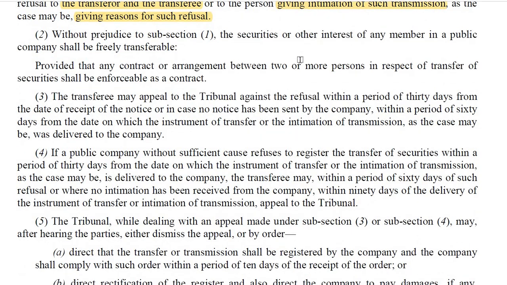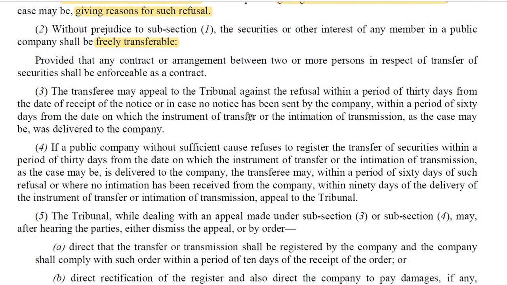Without prejudice to subsection, the securities or interest of any member in a public company shall be freely transferable. In private company, it's not freely transferable, but in public company, it is freely transferable, provided that any contract or arrangement between 2 or more persons in respect of transfer of securities shall be enforceable as a contract.